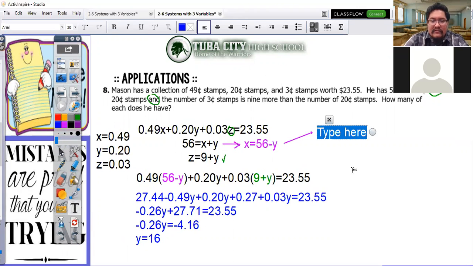So if I just solve this, I should be able to get x pretty easily. So again, take y and replace it with 16. Because that middle statement says he has a total of 56 of the 49 and 20-cent stamps. So 56 minus 16, that's going to be 40. So we know that x, or the 49 cent stamps would be the 40 of those.